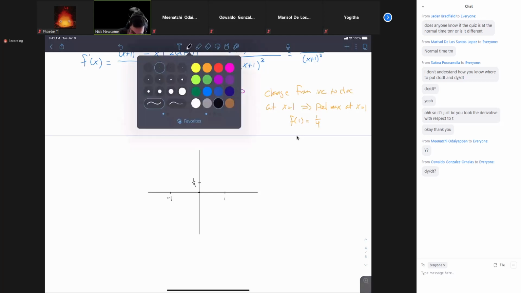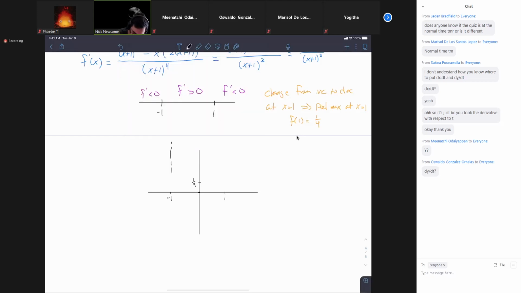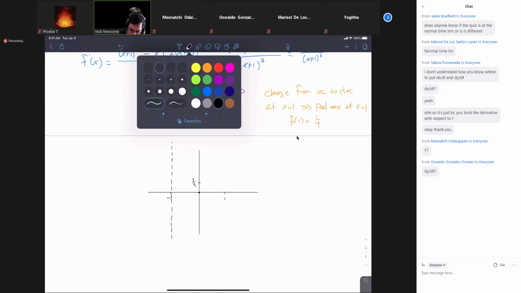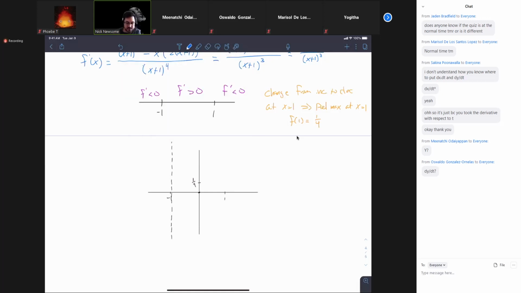So let's put all this information on here. When I draw my picture, I know that I'm decreasing from -infinity to -1, so my picture is going to look something like this.